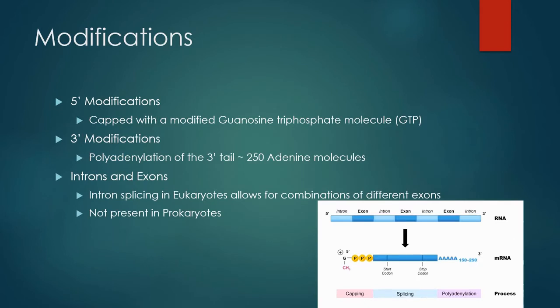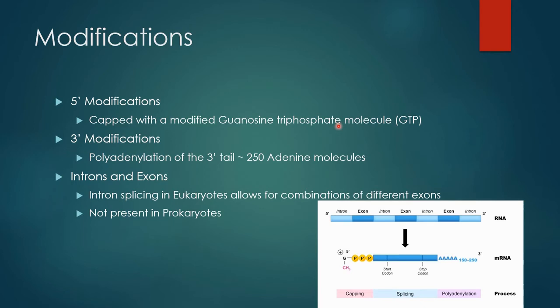The third step of transcription is modification, or post-transcriptional modification, and this comes in 3 main categories. For 5' modifications, we have a guanine or a modified guanine cap at the 5' end, and this allows the mRNA, in this case, to bind to the ribosome for translation.